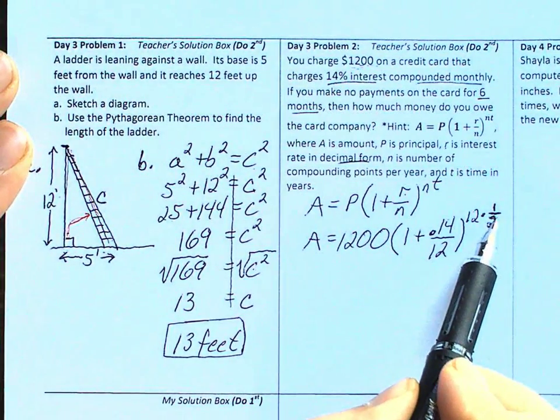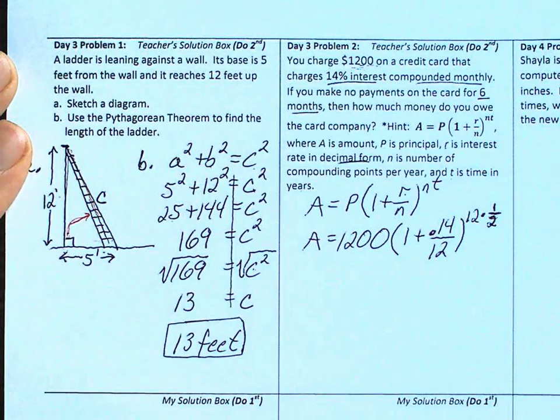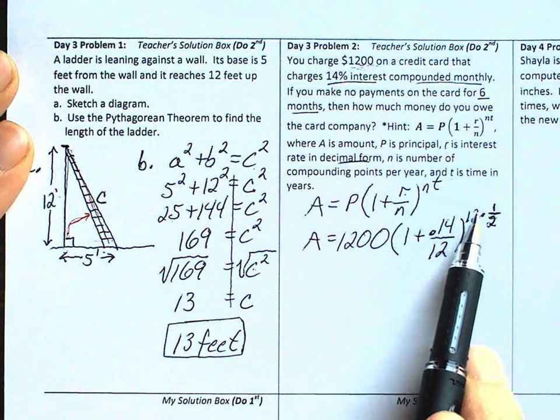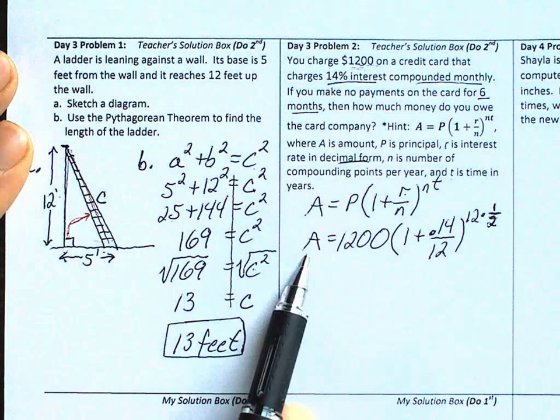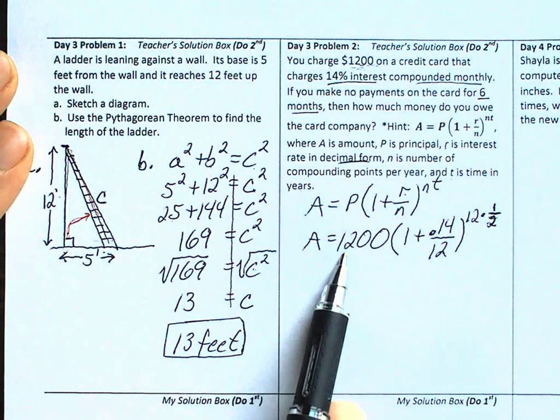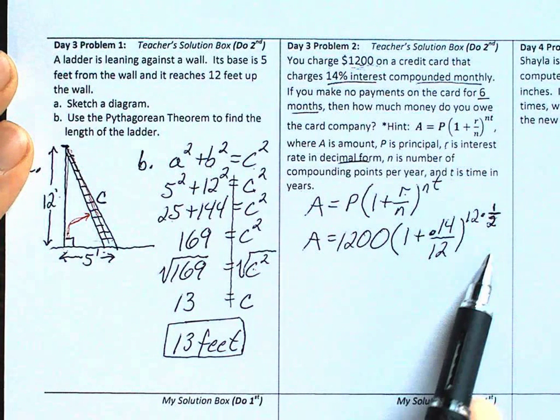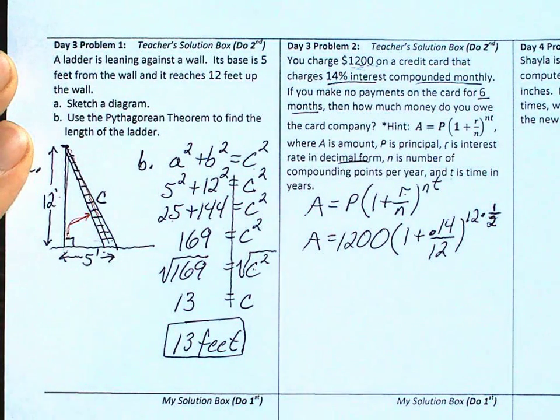You could put in the decimal 0.5. That's the same thing as 1/2. So here is what our formula looks like with all values filled in except for the letter A. If we now find this answer, that will be the amount we owe the credit card company after 6 months. Okay.